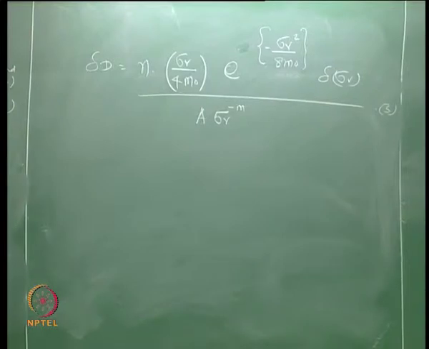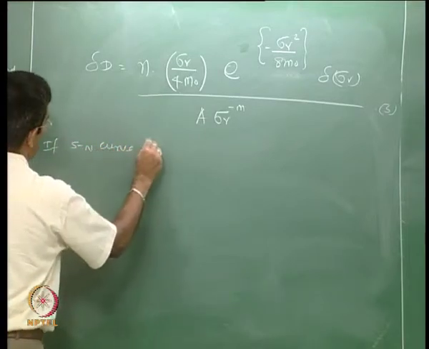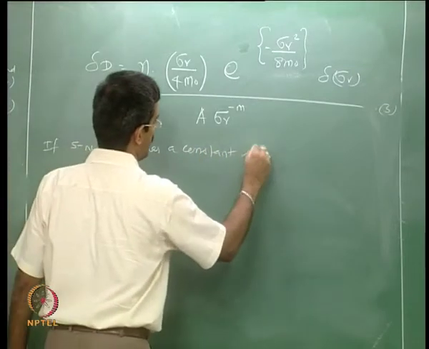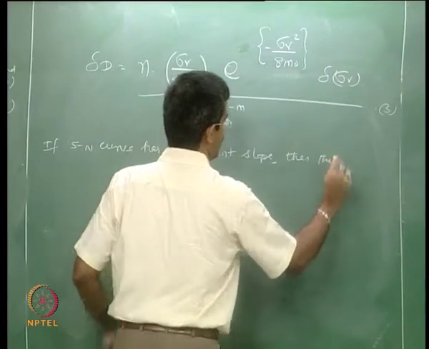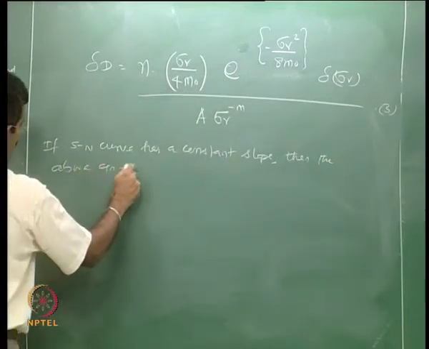Now, if the SN curve has a constant slope, then the above equation has a standard solution.